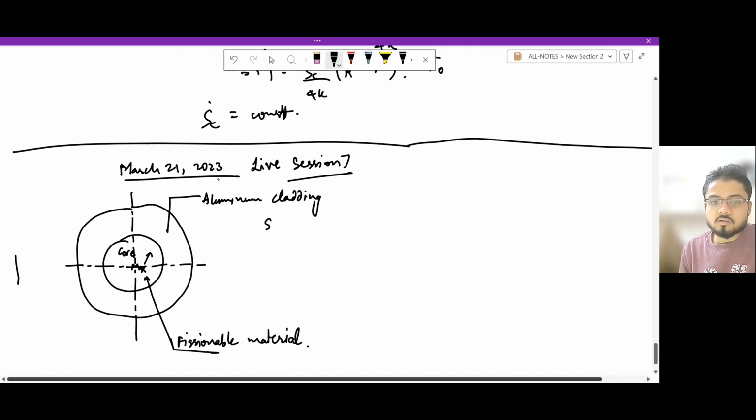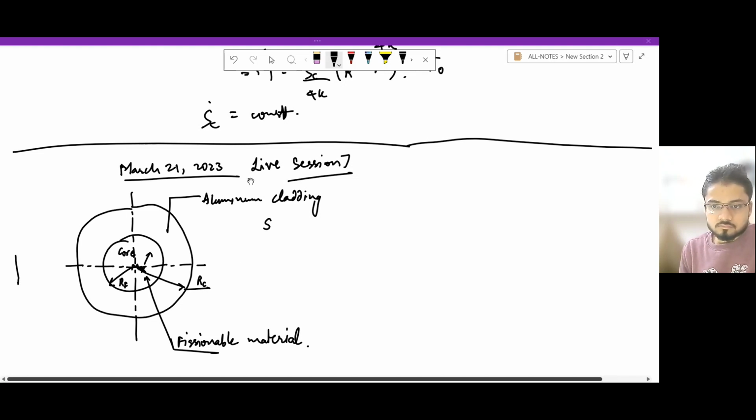Let's say that the volumetric energy source can be approximated as, for example, let's call this RF, the radius of the fissionable material, and this one can be called RC, that is the radius of the cladding, the aluminum cladding.